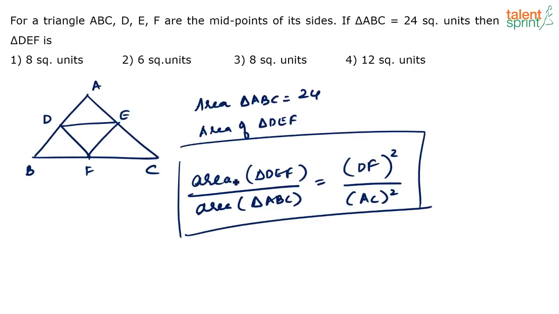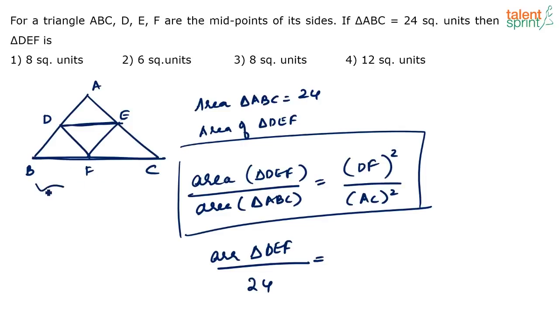So here I have to find the area of triangle DEF. Area of triangle DEF divided by area of triangle ABC, 24, is equal to, now another thing that you have to remember is that this is the case of a similar triangle. I know that this length DE is equal to half of length BC.